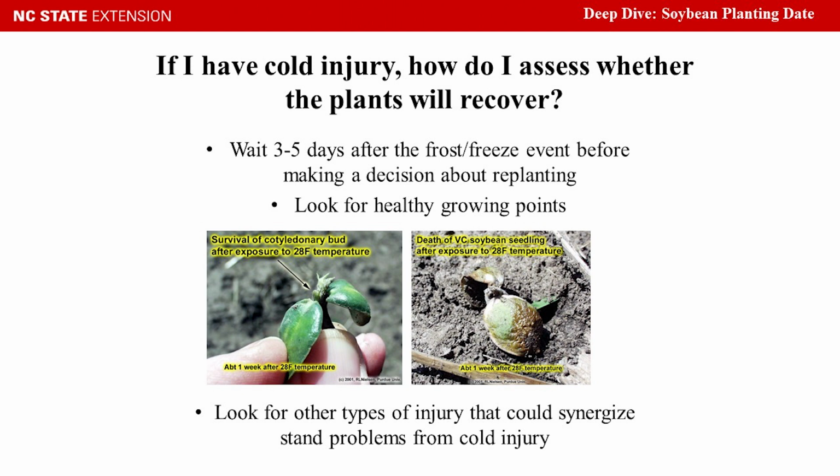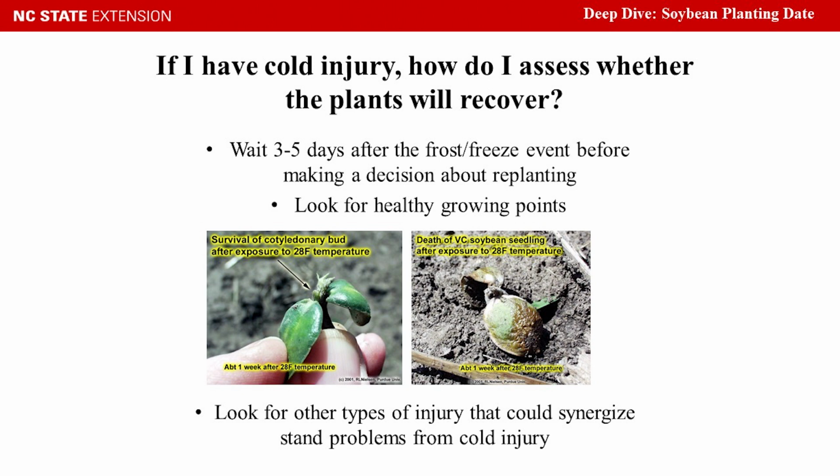But if you were planting that early, which is not going to be our recommendation for most environments, but if you needed to plant that early so that you weren't pushing planting behind tobacco or peanuts or whatever, then our recommendation after a cold snap is you wait for several days before you make a decision about replanting.